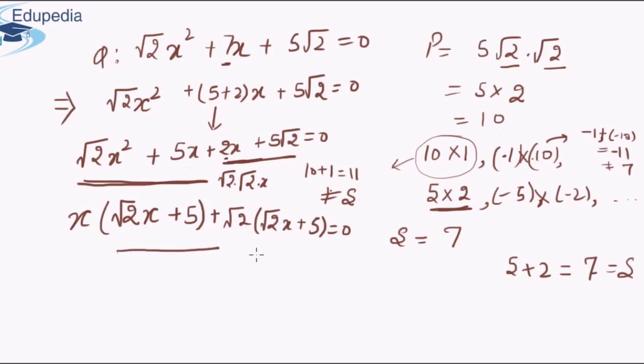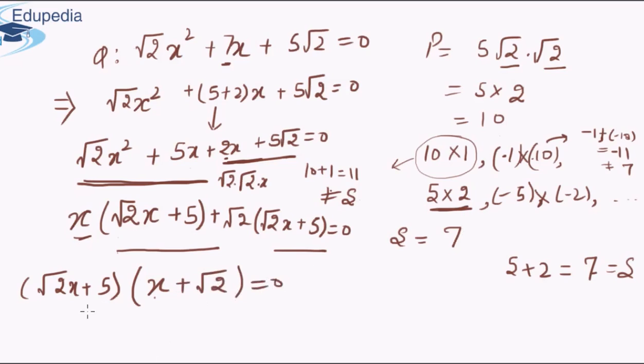Now both the pairs have the term in brackets as common. Thus √2x + 5 can be taken common, and x from the first part is left as residue, whereas √2 is left as residue from the second part. Now the product is 0 if either the first term is 0 or the second term is 0.